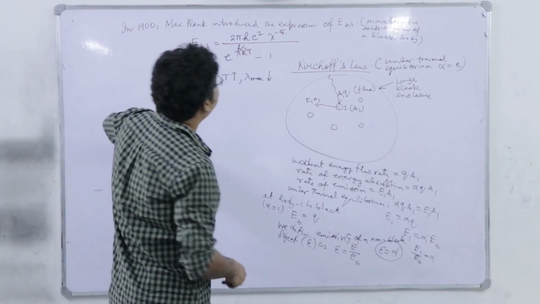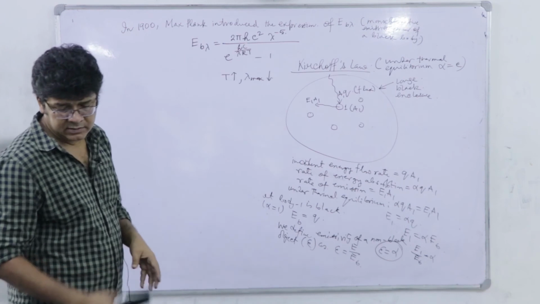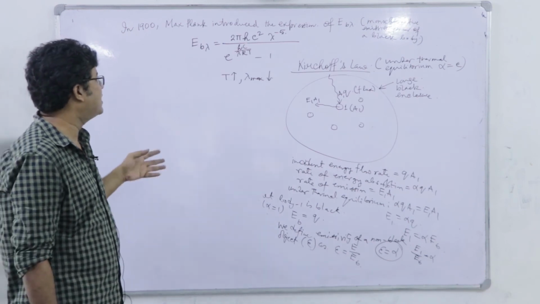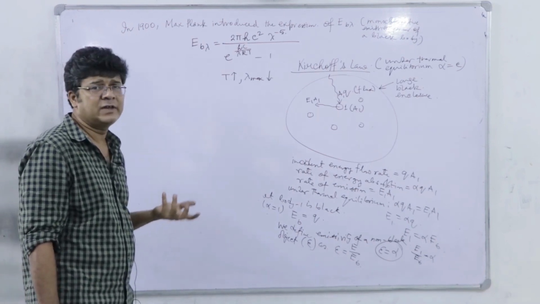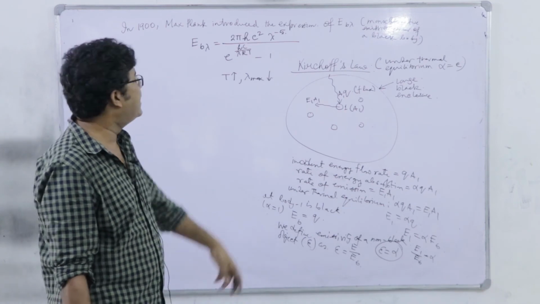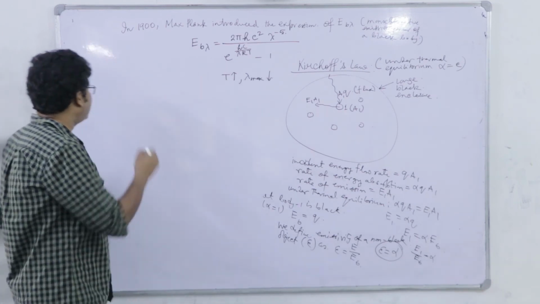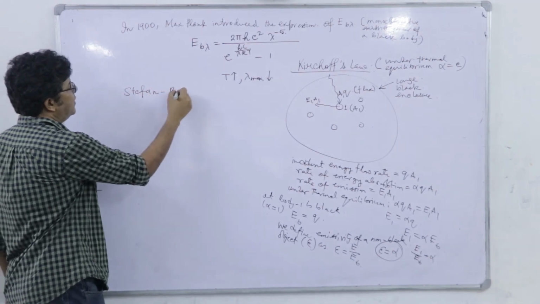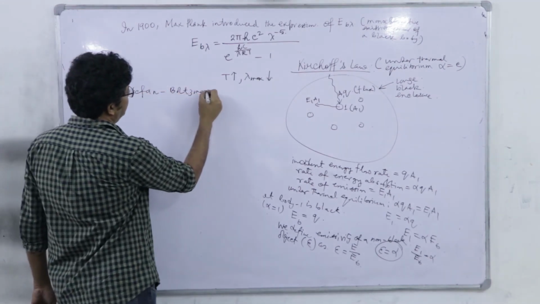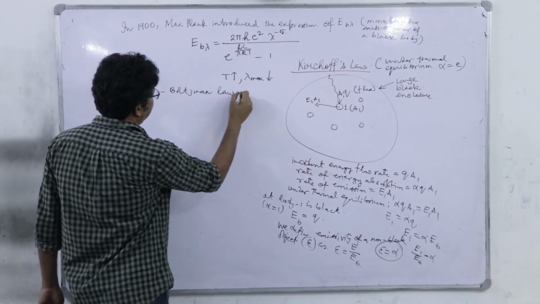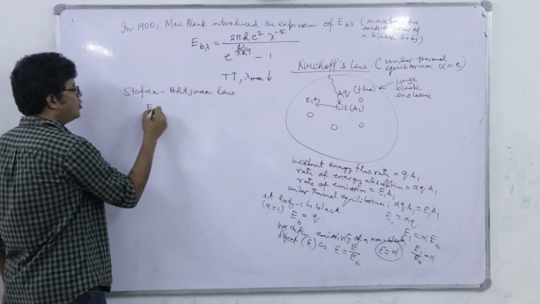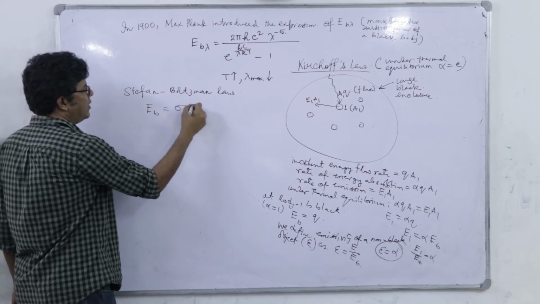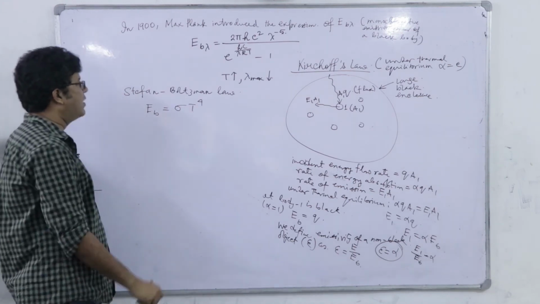So, one thing I have missed: regarding the total emissive power, the law which you have studied from your school days, the Stefan Boltzmann law, which states that the total emissive power of a black body is proportional to the fourth power of temperature.